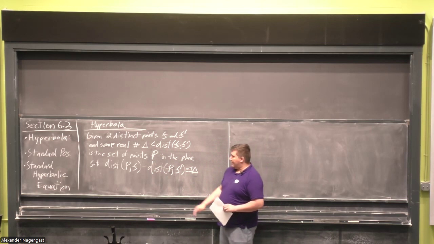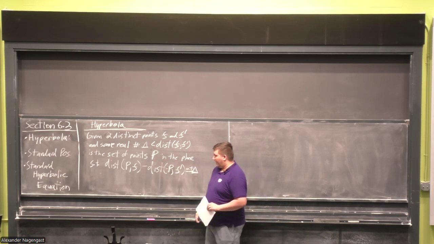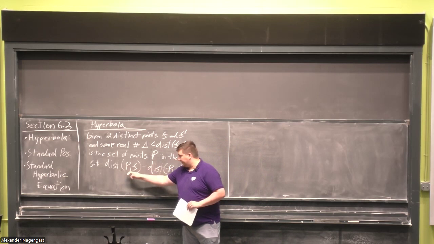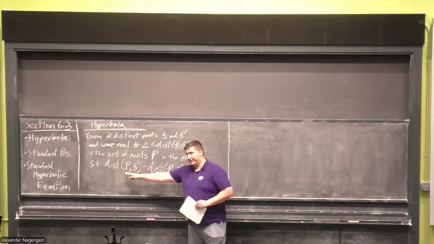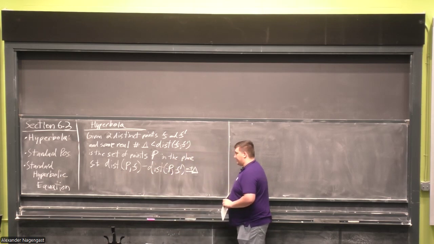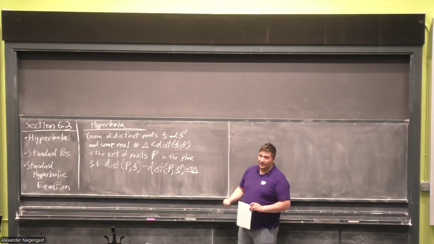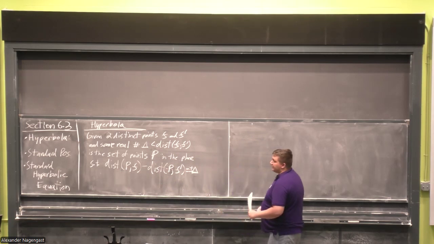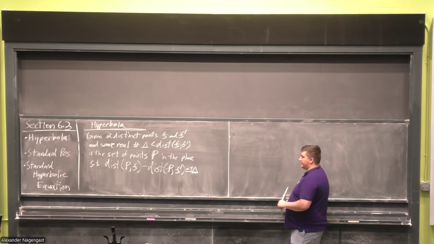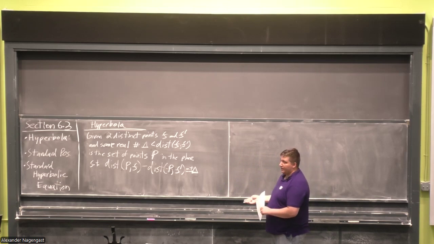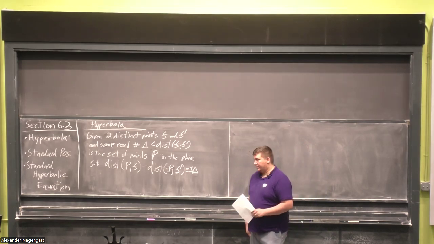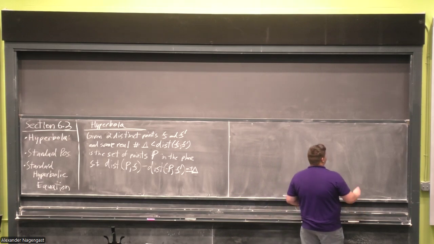We'll then describe the set P as the set where the distance between a point in the set and F, minus the distance between the same point and F prime, is equal to plus or minus delta. So where for ellipses we had the distance between F and F prime be smaller than delta, we have the other case here.